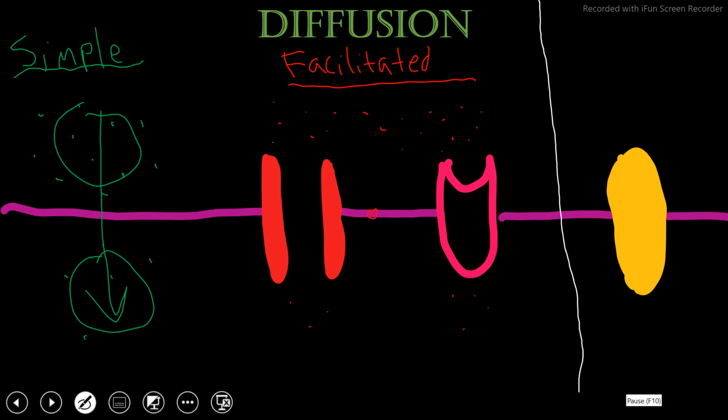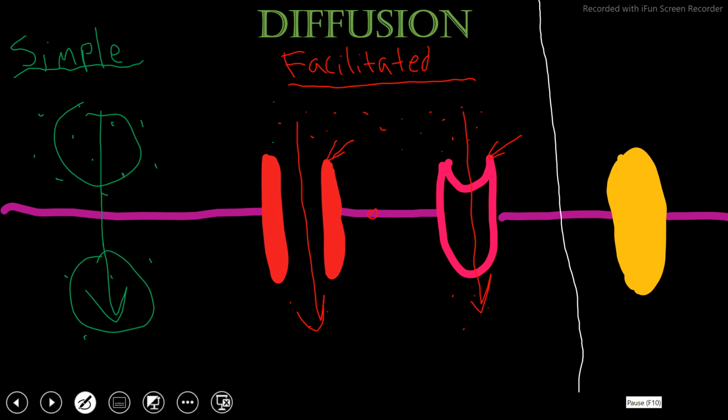These solutes are going to want to move to the lower concentration. The kind of molecules that would be passing through this one would be something like ions, and the kind of molecules passing through the carrier protein would be something like glucose because they're big.